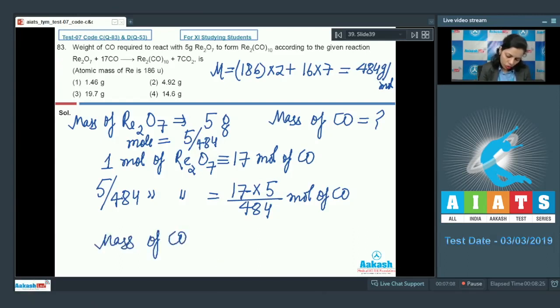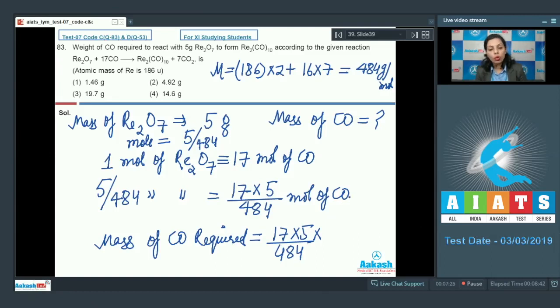The mass of CO required would be equal to the given moles, just multiply the molar mass. So moles we have already taken, 17 into 5 by 484. Multiply the molar mass of CO. Carbon atomic mass 12, oxygen atomic mass 16, so it becomes 28. And if you solve this, you will find out this value is 4.92 gram. And this is correctly given here in option 2. So just choose option 2 as your correct answer.